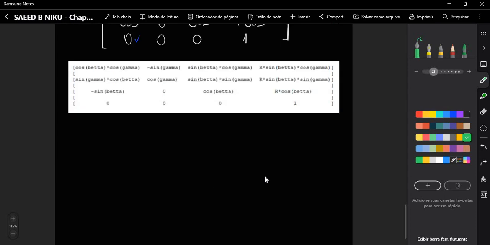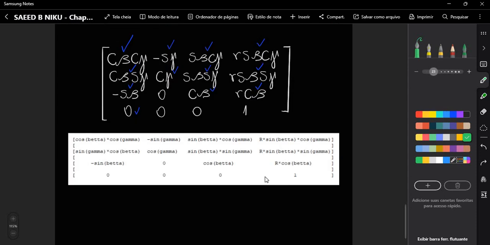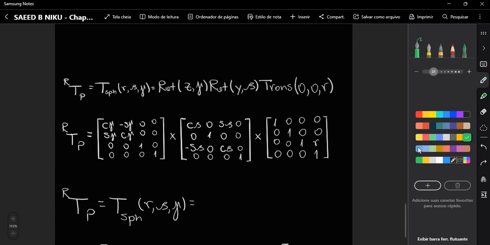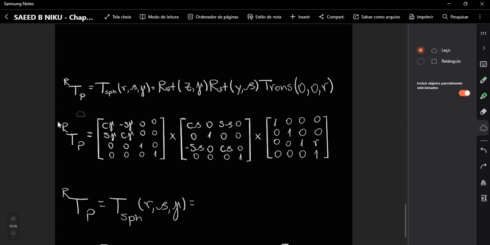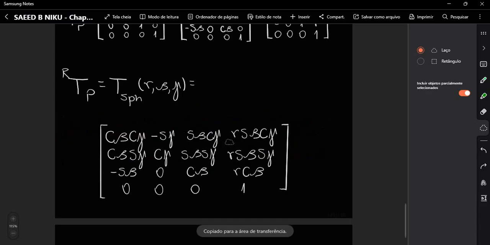Okay, so we will see more of this theory as we approach robot examples, as we get deeper throughout the book. So I wanted to do this operation with you by hand, very quickly.